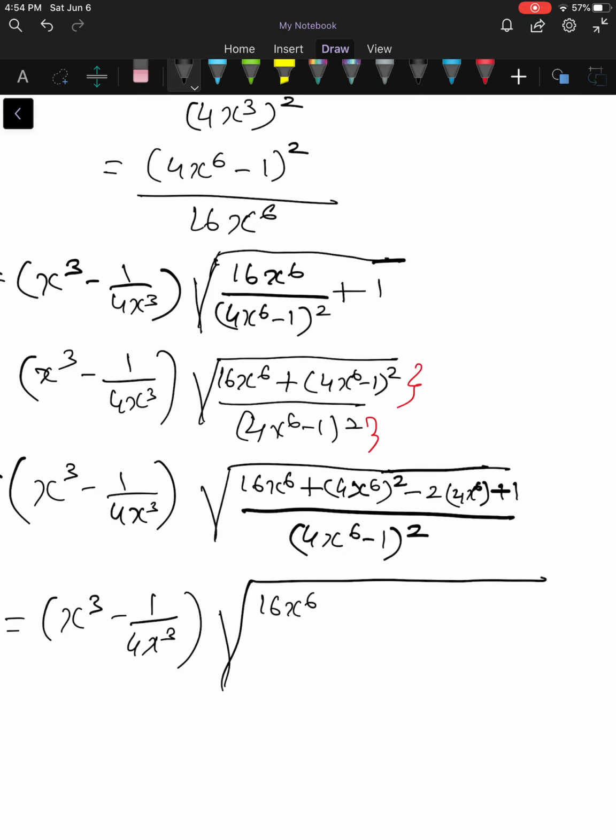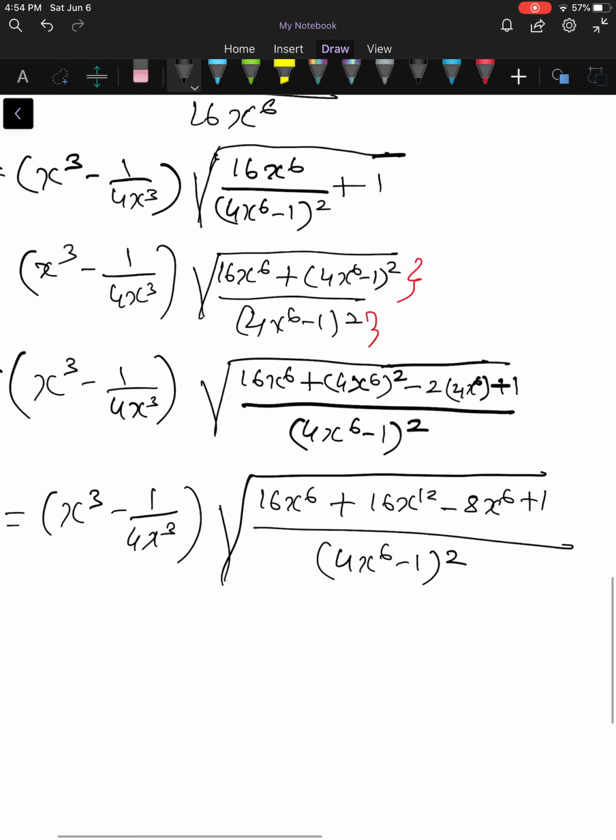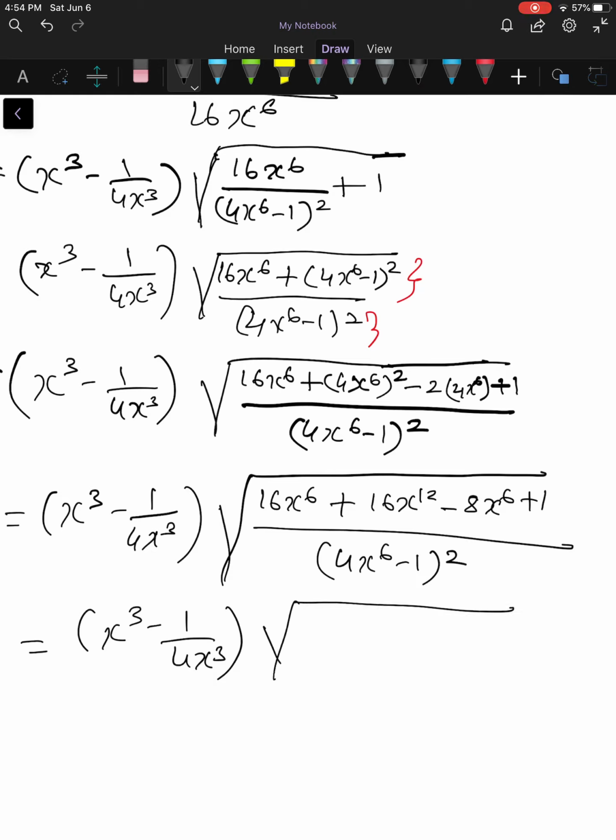So now simplifying the numerator, we get 16x⁶ plus 16x¹² minus 8x⁶ plus 1 divided by (4x⁶ - 1)². I will retain it as it is. Okay, so then x³ - 1/(4x³), this term seems to have no role till now.